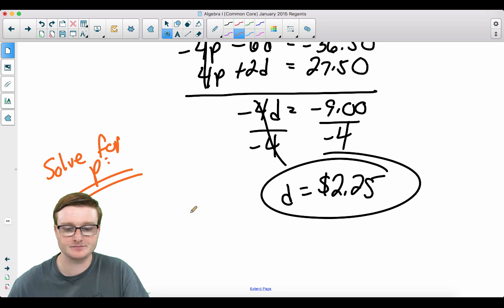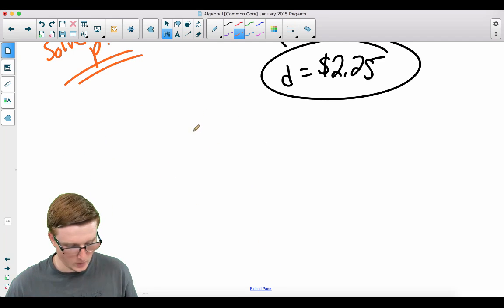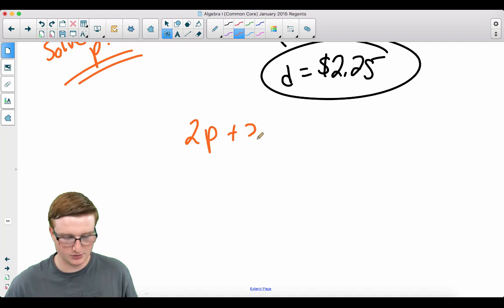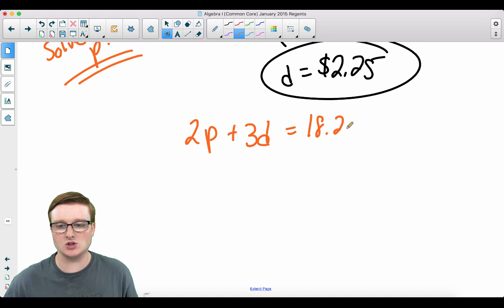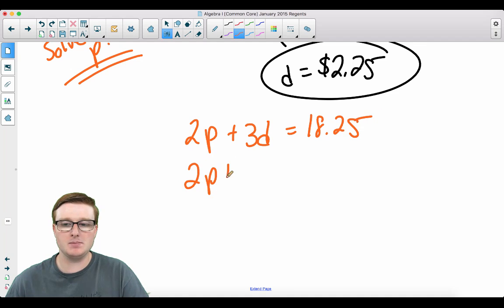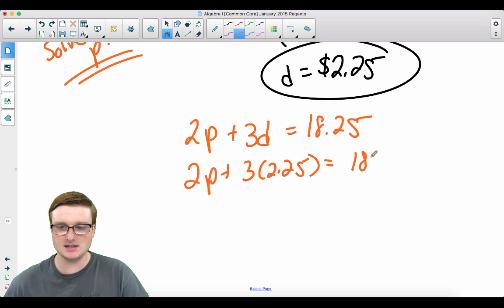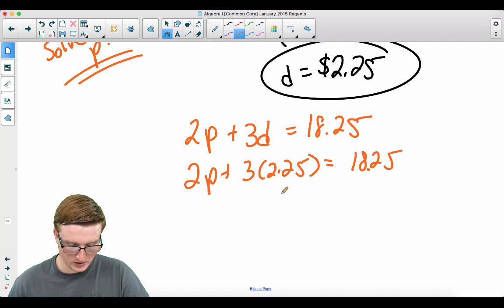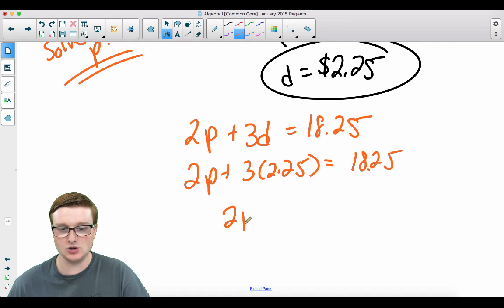Price of popcorn. So I'm going to use the equation 2P plus 3D is equal to $18.25. So we get 2P plus 3 times $2.25 is equal to $18.25. So 3 times 2.25 is $6.75, and we move this over, so we get 2P equals $11.50.